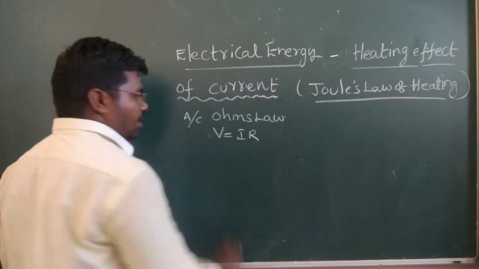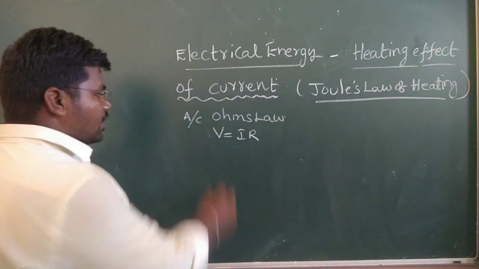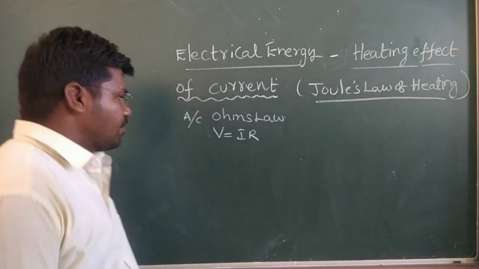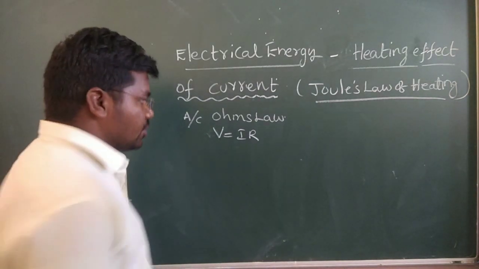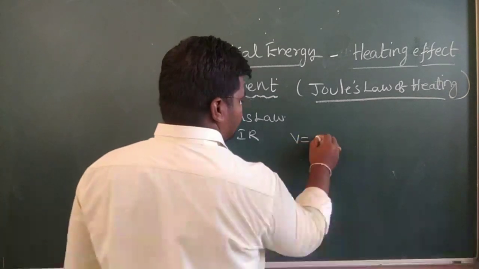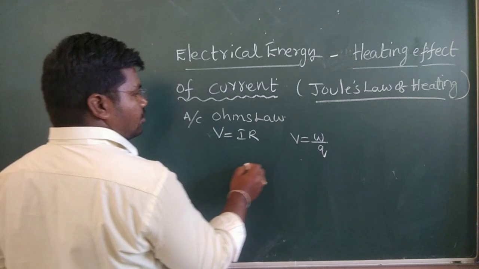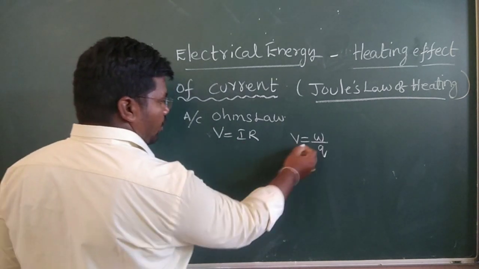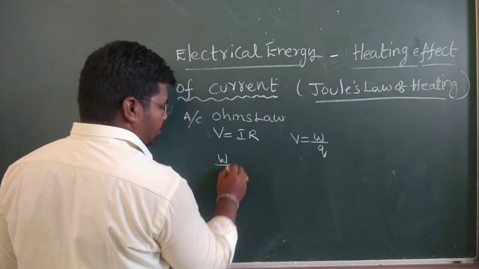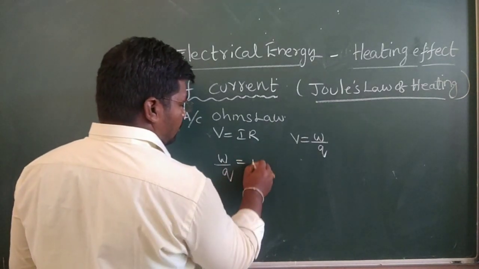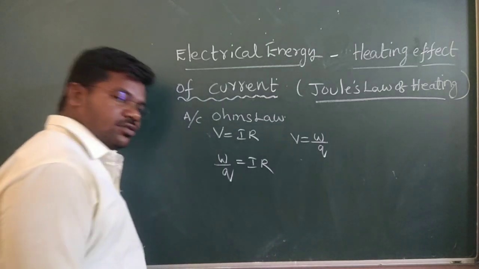We know that V, potential difference, is work done per charge. From both we can write work done per charge is equal to I into R.